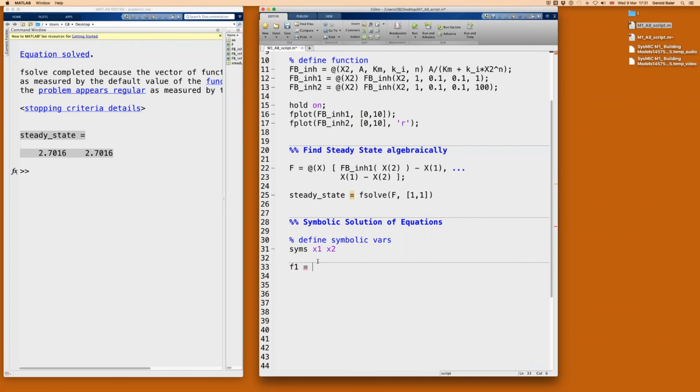So f1 is equal to, it's going to be easiest now if we directly give it numbers. Say a is 1 as before, divided by km, which was 0.1, plus ki, which is also 0.1, times x2. We could have to the power n, but we'll just set that as 1, as we had initially, minus x1. And f2 is easier, that's just x1 minus x2.